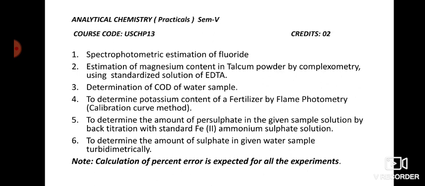This is an instrumental experiment. The second experiment is estimation of magnesium content in talcum powder by complexometry using standardized solution of EDTA. That means we can take any talcum powder and from it we are going to estimate the magnesium content. So this is a non-instrumental experiment.